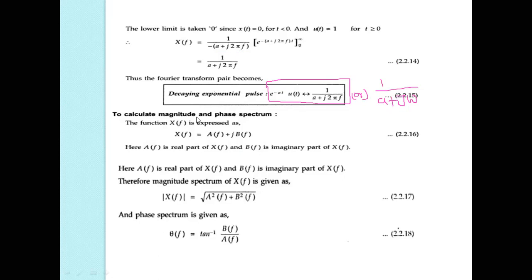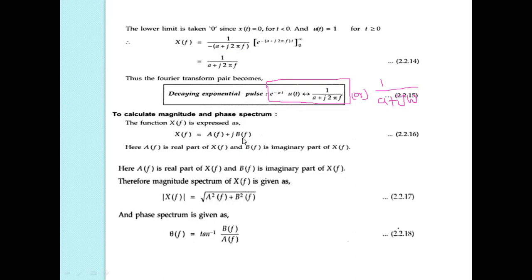But to find the phase and the magnitude of this equation, X of f is equal to A of f plus j into B of f. A of f is the real part of X of f and B of f is the imaginary part of X of f. How can we find the magnitude? Square root of A of f square plus B of f square.